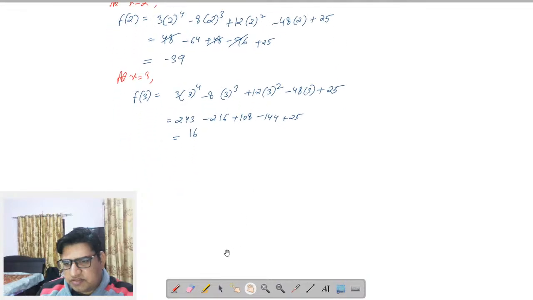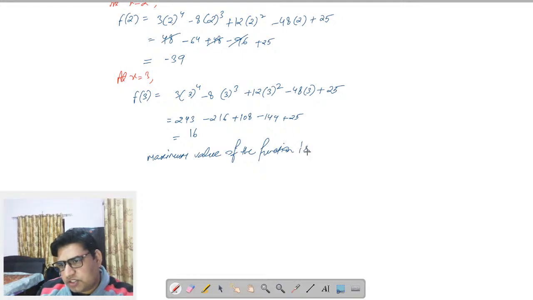So we'll simply write the maximum value of the function. The maximum value of the function is 25 at x equal to 0.